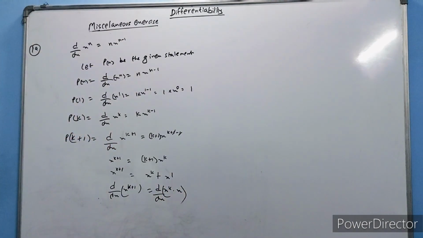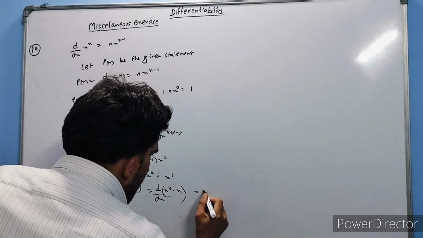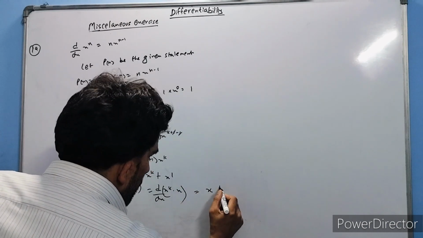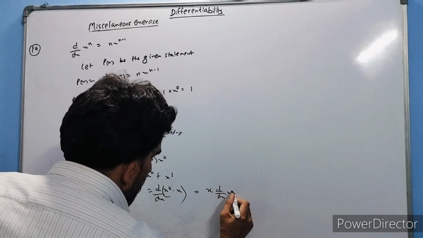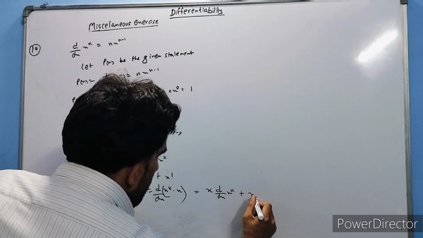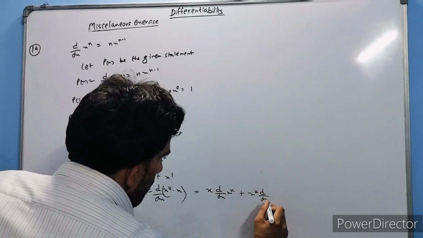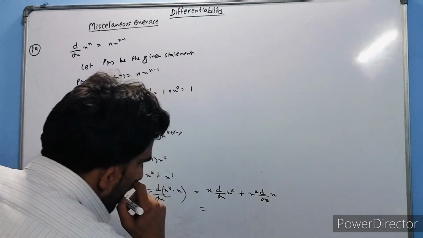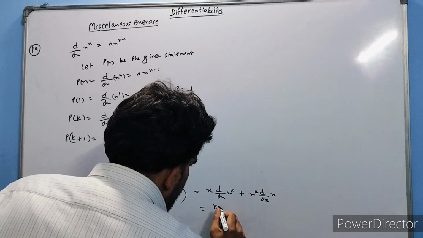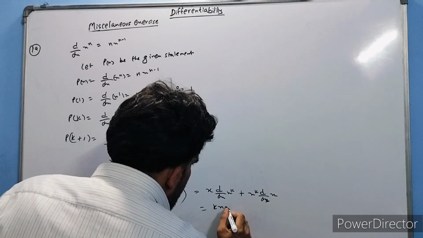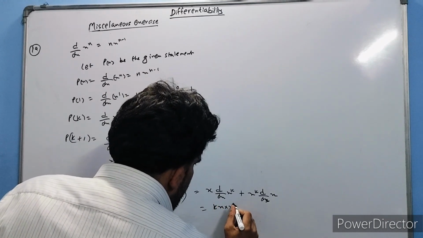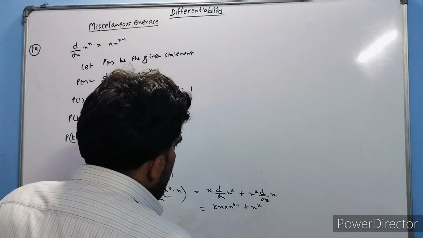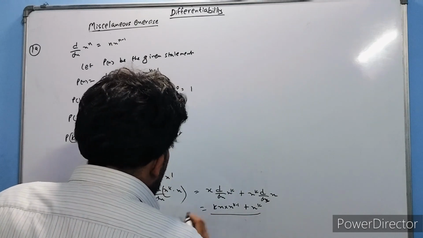In a very simple way: x into the differentiation of x^k, d by dx of x^k, plus x^k d by dx of x. So it will be k x into x^(k-1) plus x^k. Okay, so I have this value.